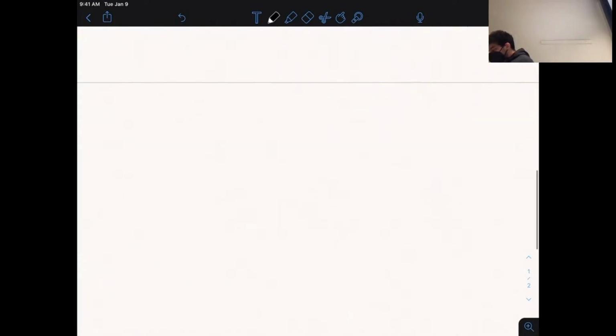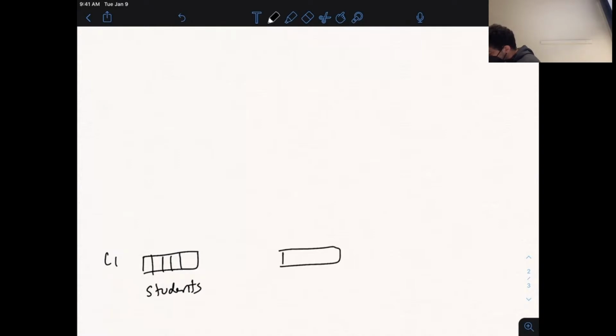So how do I do this? I'll start from the bottom. Okay, so let's give ourselves some space. I have students. This is my C1. Opened. There. So C1, C2, C3.